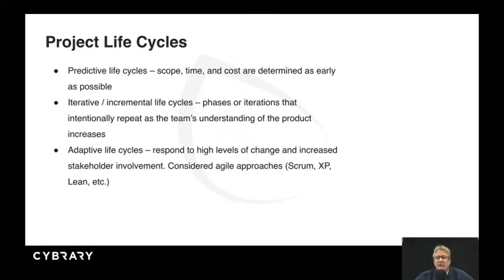And then adaptive, these you can think of, there's our Scrum reference. When we talk about adaptive, we're talking about life cycles that can respond quickly to changes. And that's really one of the big advantages of Agile project management, is that as requirements change, we can quickly adapt.